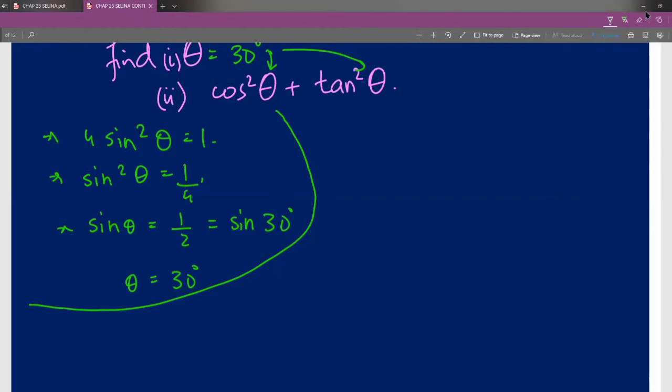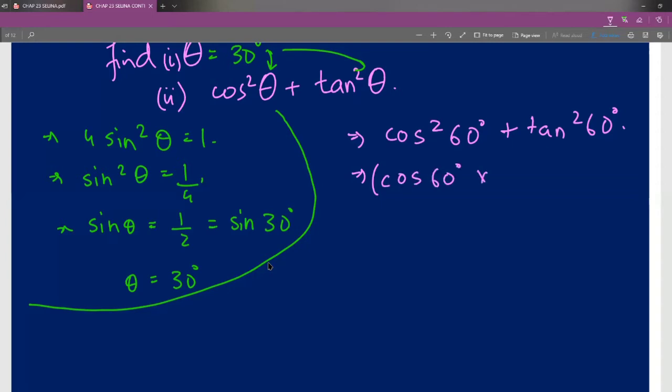Okay, so cos square 60 degree plus tan square 60 degree. Now over here, cos square 60 degree can be written as cos 60 degree into cos 60 degree, plus tan square 60 degree, that can be written as tan 60 degree into tan 60 degree.